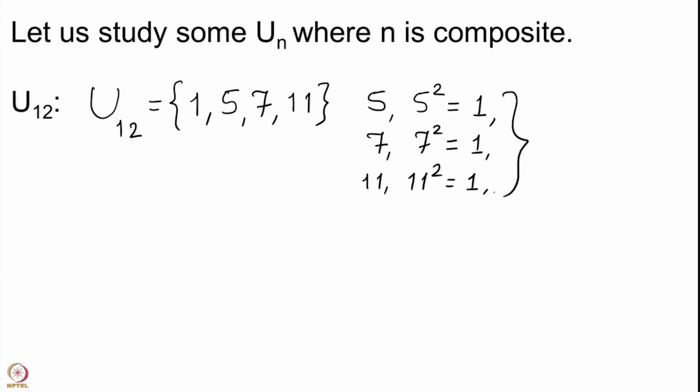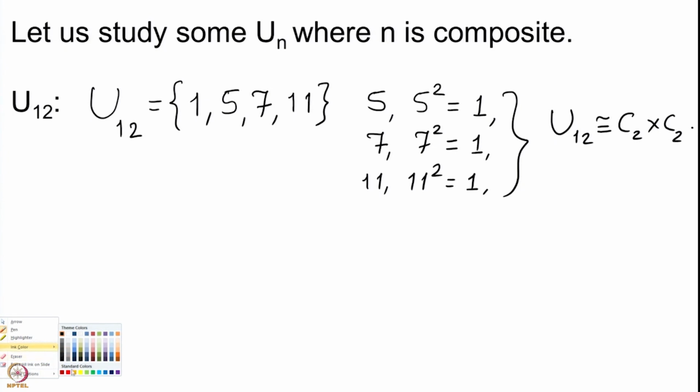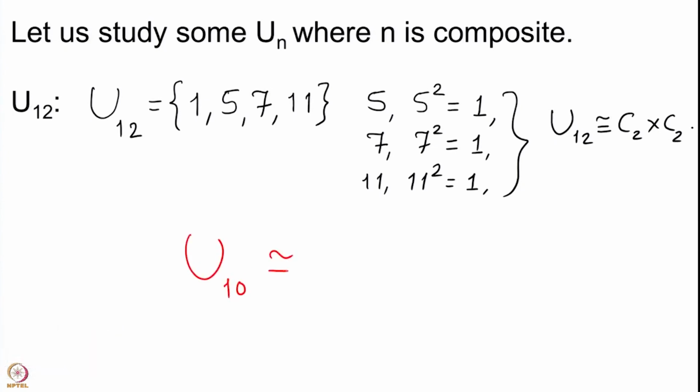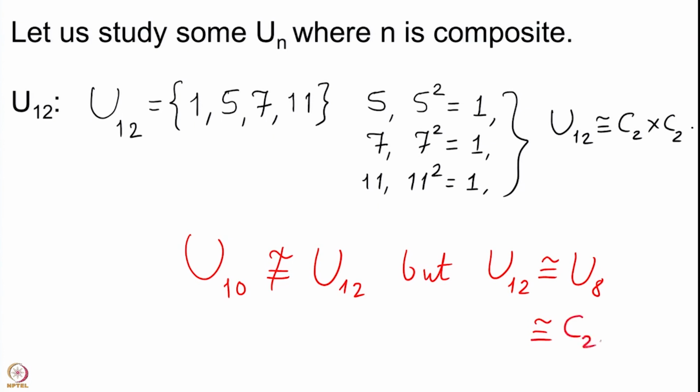So, these 3 tell you that U12 is isomorphic to C2 cross C2. Therefore, we have this nice result that U10 is also not isomorphic to U12, but we do have that as groups U12 and U8 are isomorphic, both being isomorphic to C2 cross C2.